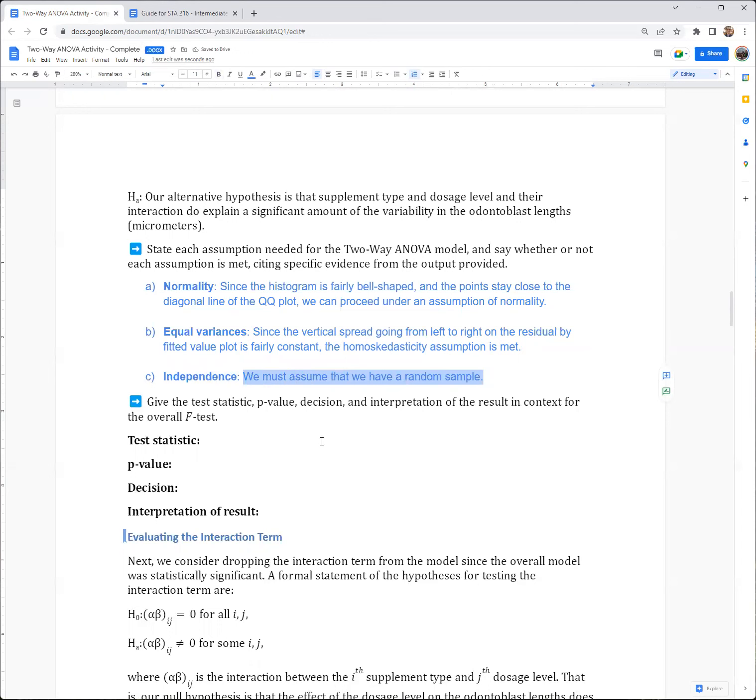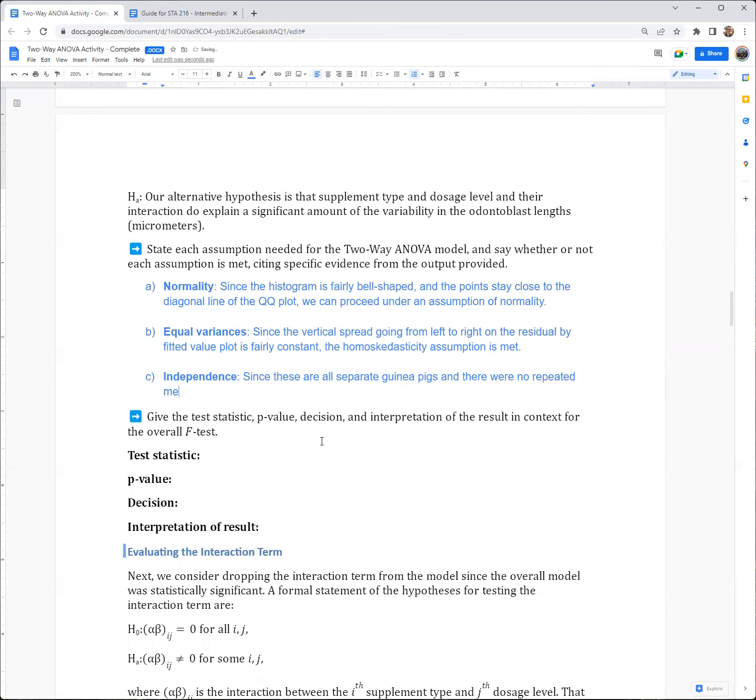Okay, so since these are all separate guinea pigs, we'll just assume we have a random sample.